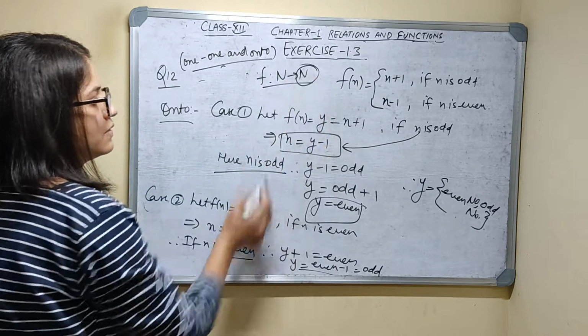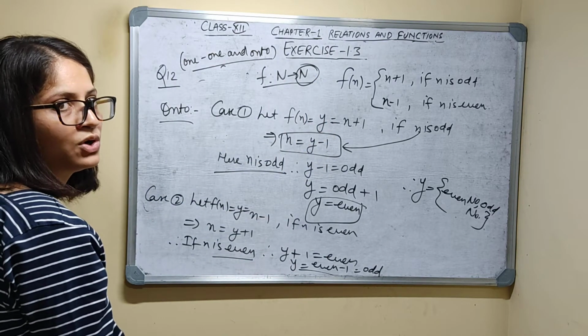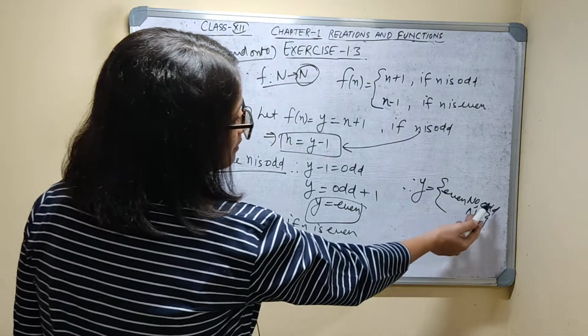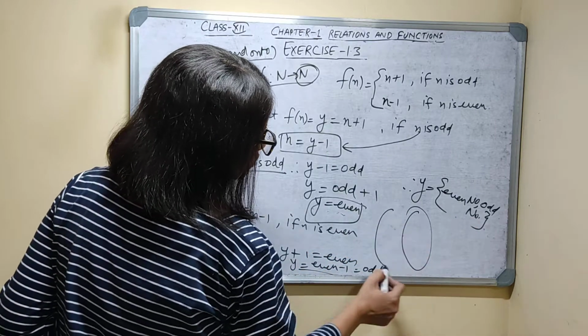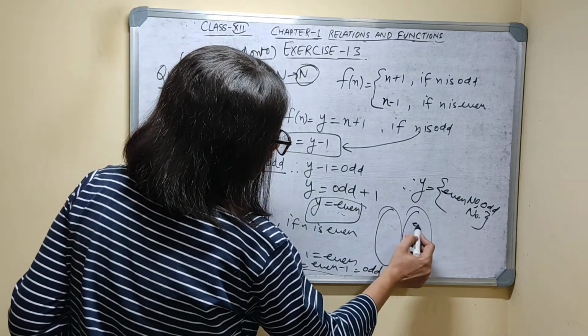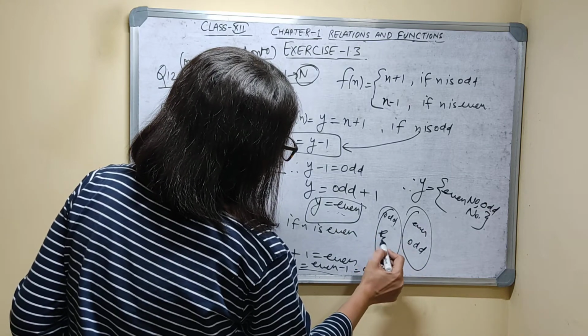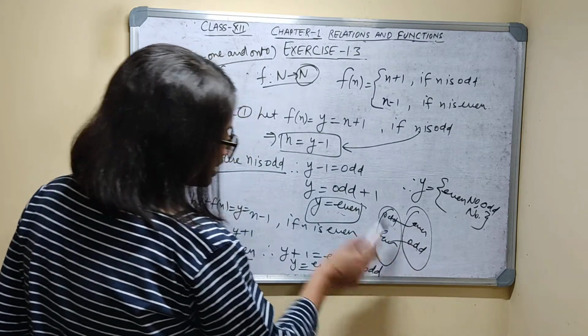And in the natural numbers of the codomain, 1, 2, 3, 4, all are even numbers and odd numbers. This is codomain, this is domain. So even numbers are related to odd numbers, and odd numbers are related to even numbers.